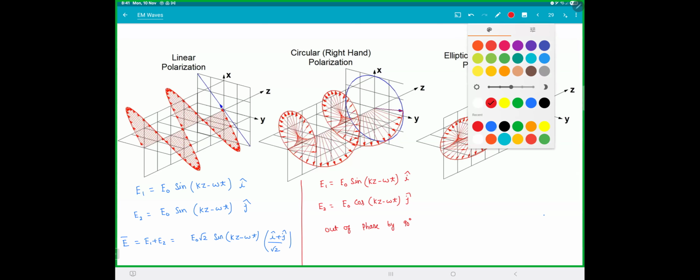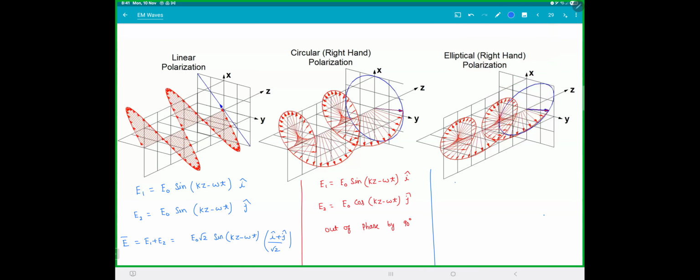The third one will occur when, let's call this thing EA, sine(Kz minus omega t) I cap, and EB cos(Kz minus omega t plus phi) J cap.